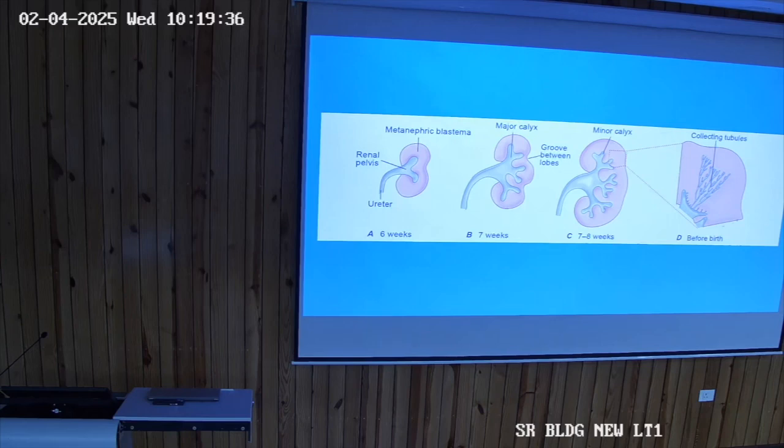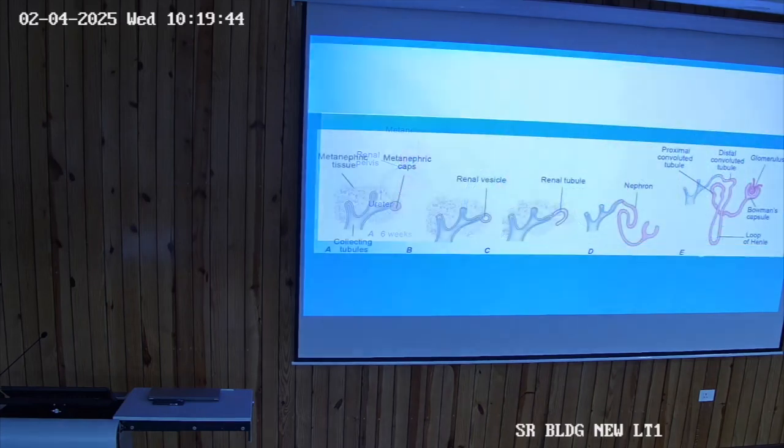Then you have the loop of Henle, and the part of the tubule that connects to the collecting duct forms the distal tubule. So you have formation of the nephron by the metanephric blastema on induction by the ureter.